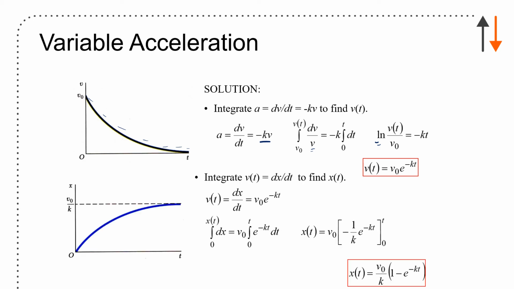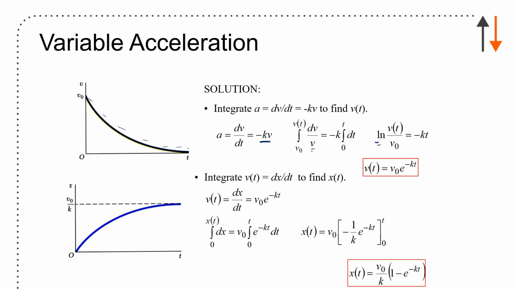On the next slide, I want position as a function of time, and you can see that I'm already not so thrilled because I've got to deal with this exponential term. But v(t) equals dx/dt, which is v0 e to the minus kt. So the integral from 0 to x of dx equals v0 times the integral from 0 to t of e to the minus kt dt. If I integrate these terms out, x(t) equals v0 times minus 1 over k, e to the minus kt from 0 to t.